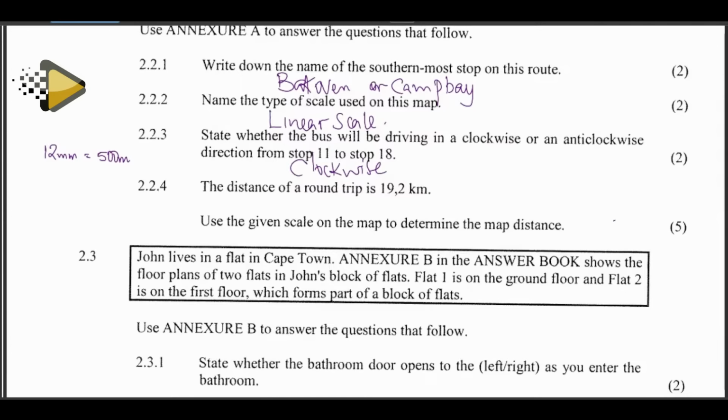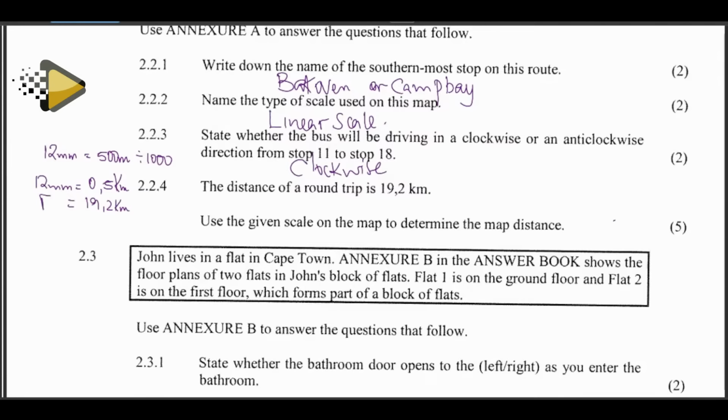So what we need to do is change these to kilometers, I divide by 1,000. So in other words, my 12 millimeters are equivalent to 0.5 kilometers.